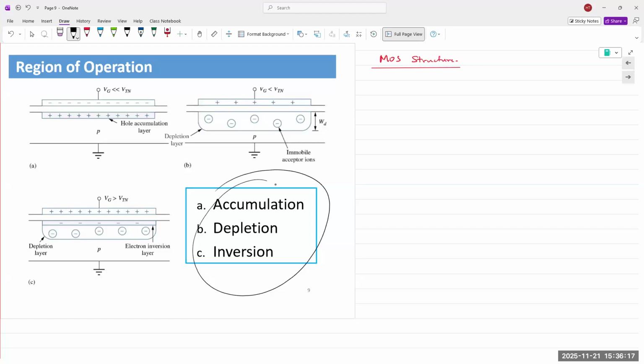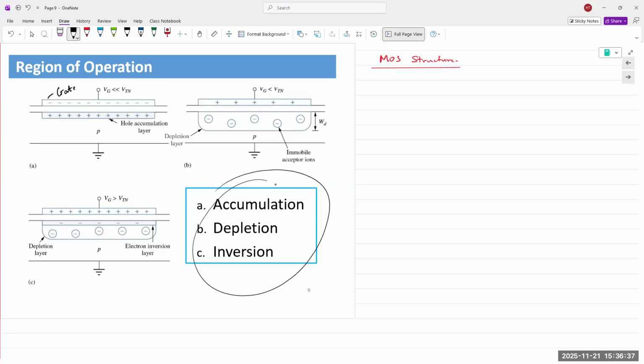Okay, you have the metal gate on top, and then you have a P-type substrate in this case. This discussion holds true for both P-type as well as N-type.